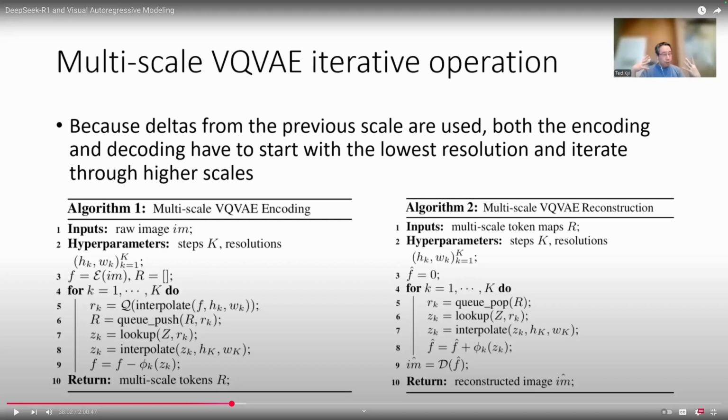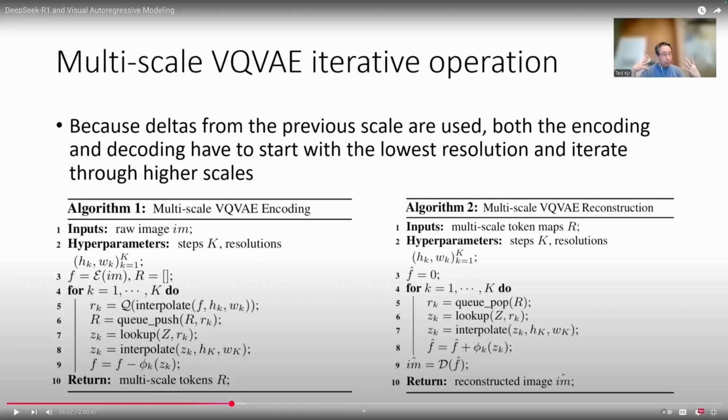On the right, they show the reconstruction, and you're going to see we have the same loop, okay? So what happens is you take the original single integer, you look it up in your code book, and you get that bucket, centroid or whatever, and you use that for reconstructing the full 256 by 256 pixel image.